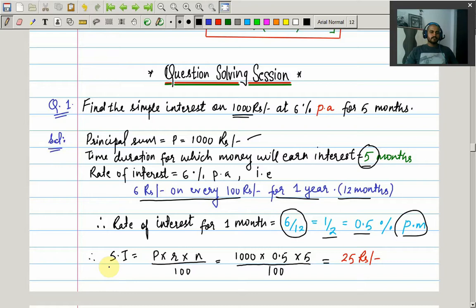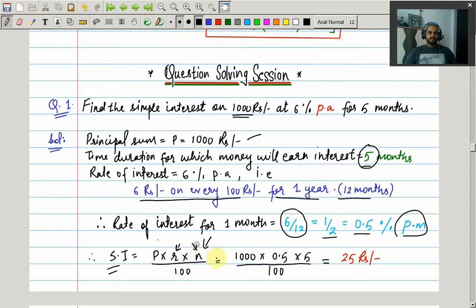We know this formula for simple interest. Simple interest is principal amount into rate into N divided by 100. Everything is converted into month now, so rate is according to month.